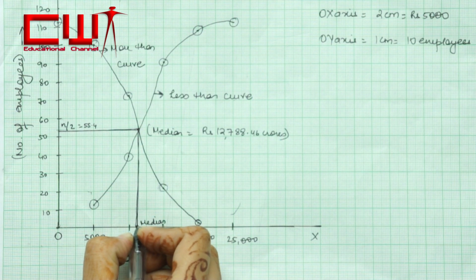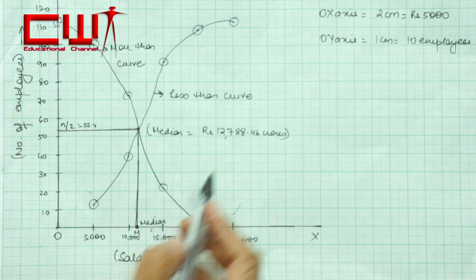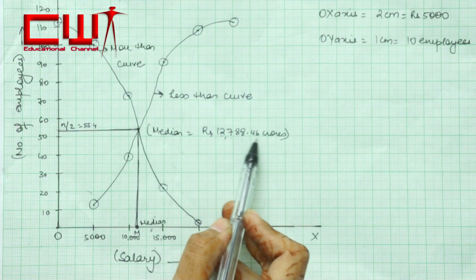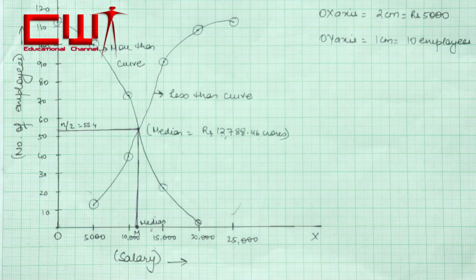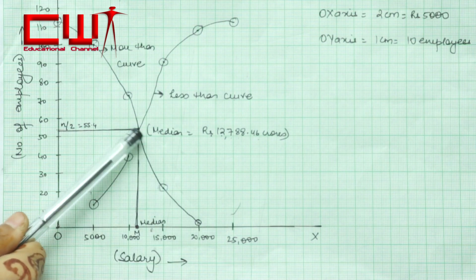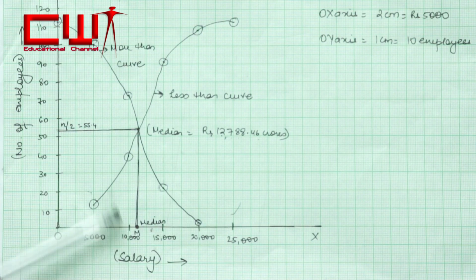Down at the OX axis, this point comes out to be approximately rupees 12,788.46 crores. This is the median. The median is where the less than and more than curves meet. You draw a line from that point to the OX axis and to the OY axis.